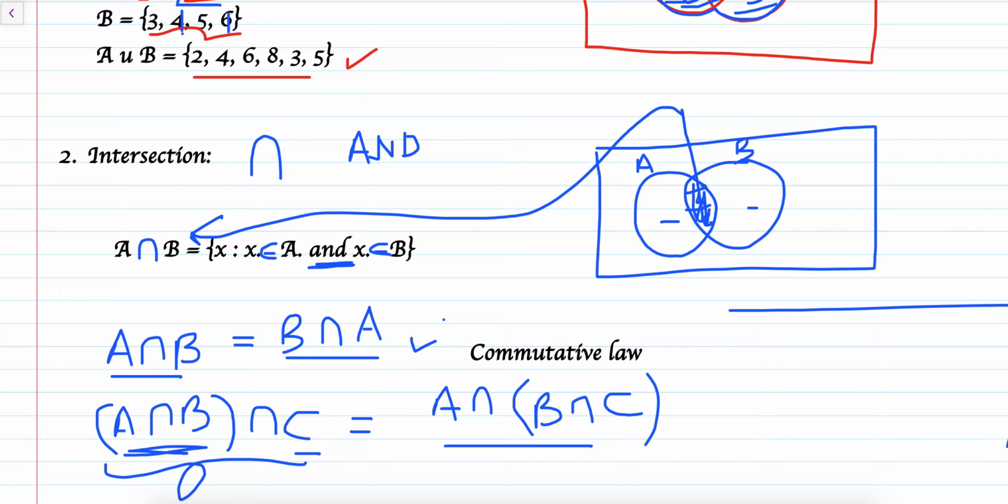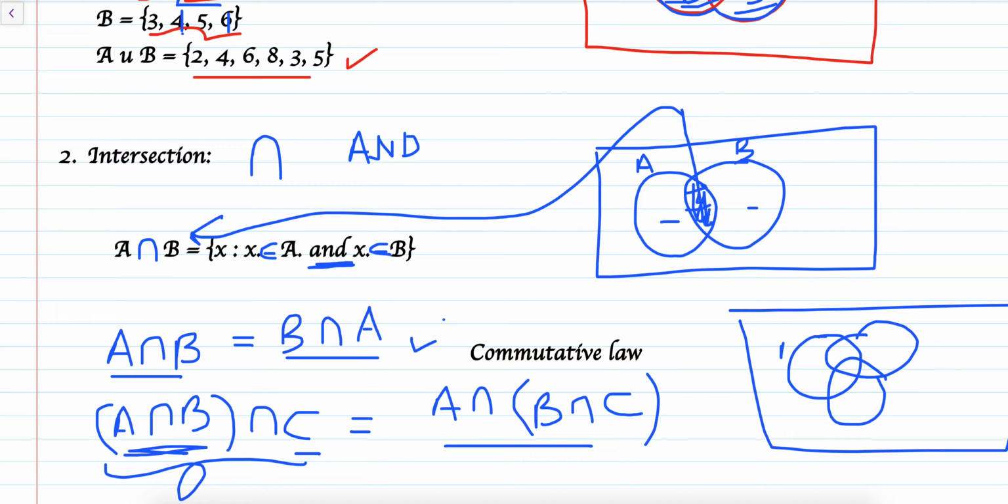So we can quickly draw one Venn diagram also to see this. So the first one is A, second is, let's say, B, and the third is C. So first we are here finding A intersection B, so it would be this region.